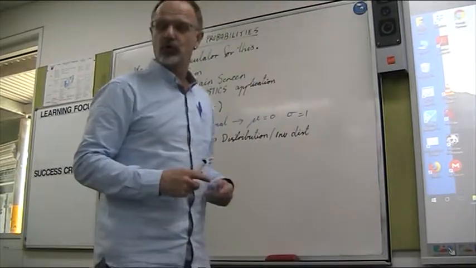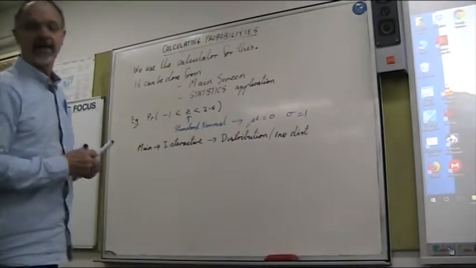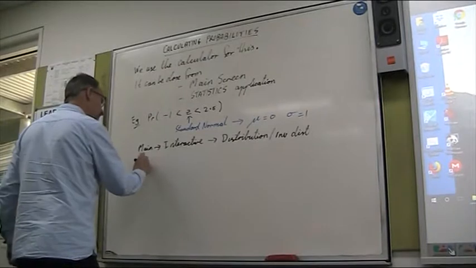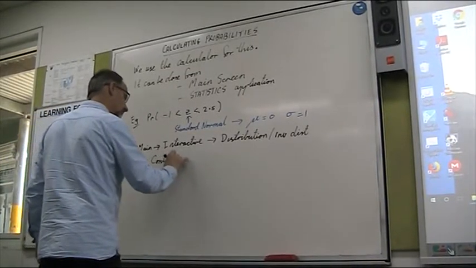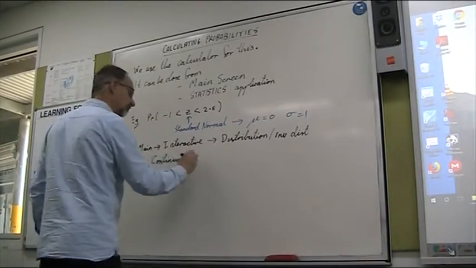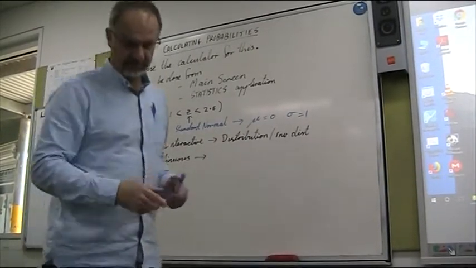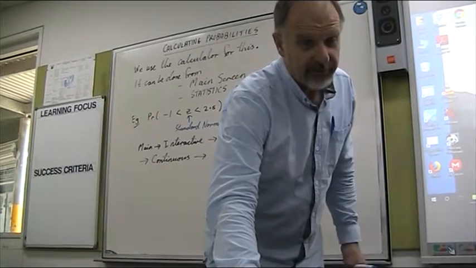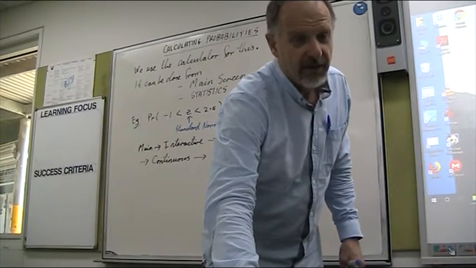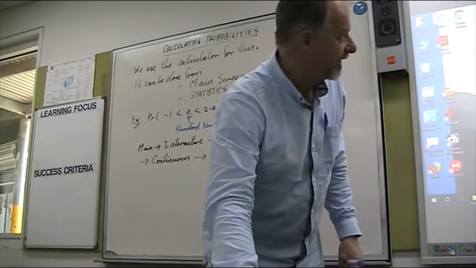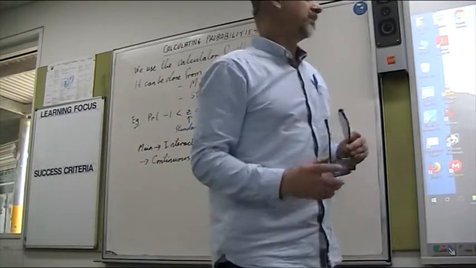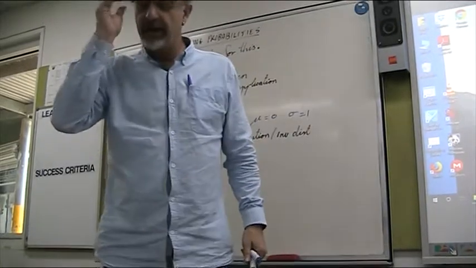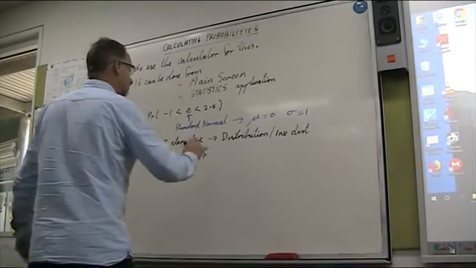So the normal distribution is a continuous distribution. And so you click on that, continuous, and then you've got that option, and we want the norm CDF is what we're after.